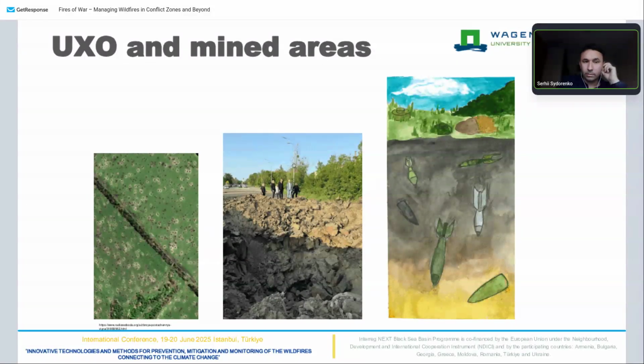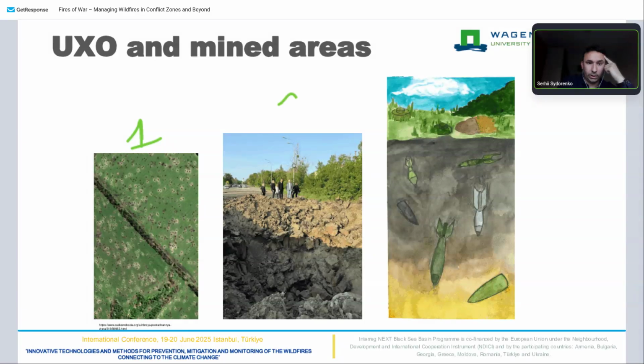And if you talk about unexploded ordnance pollution and mined areas, it is important to think in several directions. One is the density of the pollution, because it can be several munitions per square kilometer, or it can be hundreds or thousands of munitions per square kilometer, and it makes a difference.